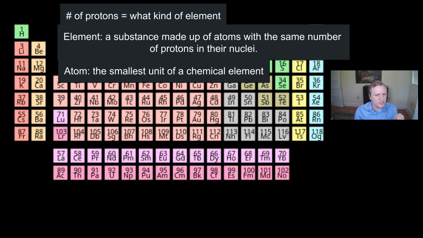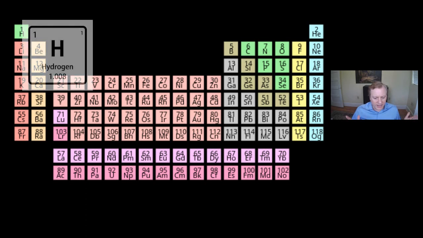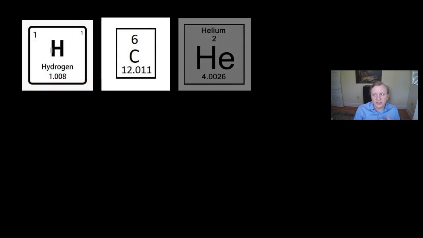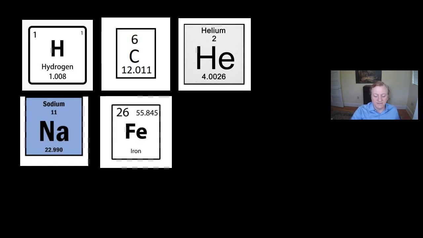Atoms are the smallest unit of particles that can still be an element, that can still be one of those things on the periodic table. So H stands for hydrogen, C stands for carbon, He stands for helium. They get a little bit weirder because of different conventions. Sodium is Na, iron is Fe.